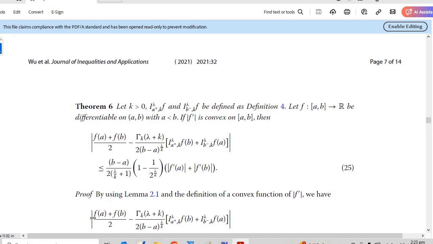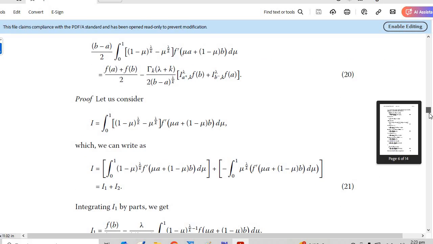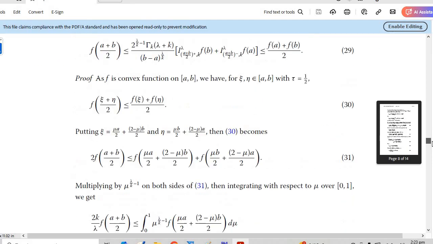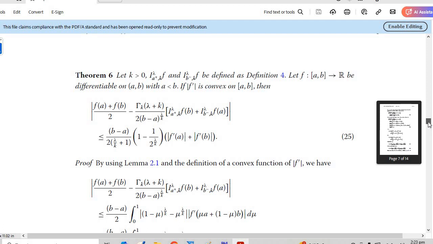And this is Lemma 2.1, which we just proved a few minutes, a few seconds ago, and the definition of convexity of f prime. Here it is.